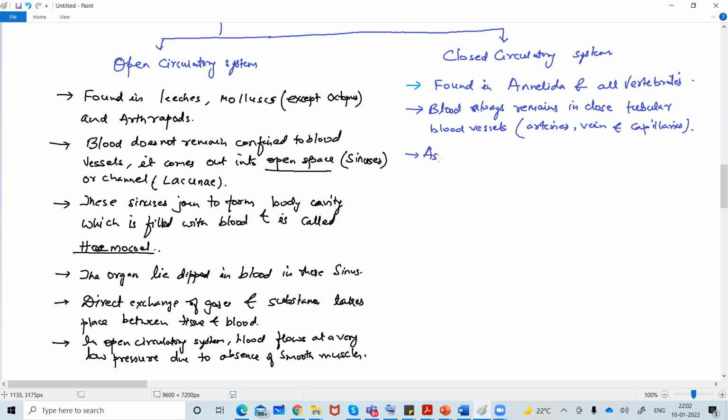So you can say that as the blood vessels have smooth muscles, blood flows at higher pressure due to their regular, or rhythmic, contraction and expansion.